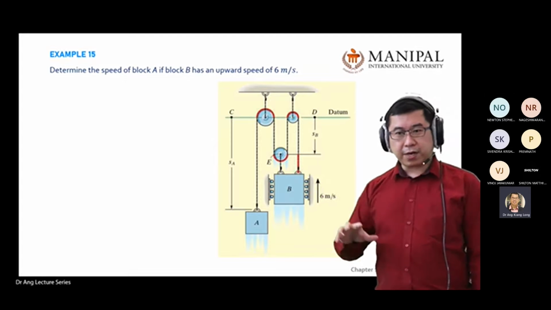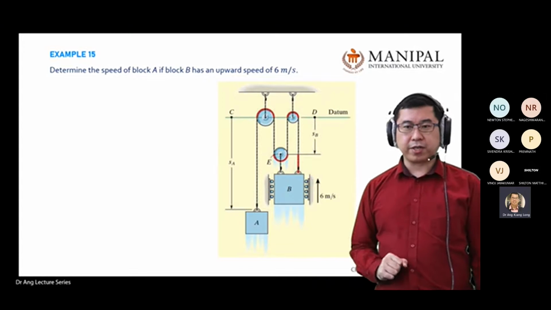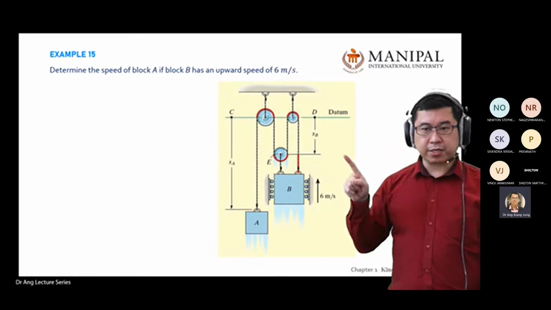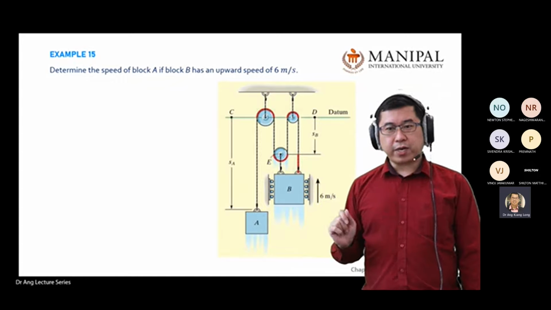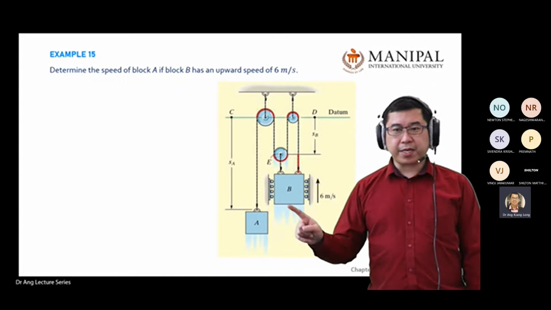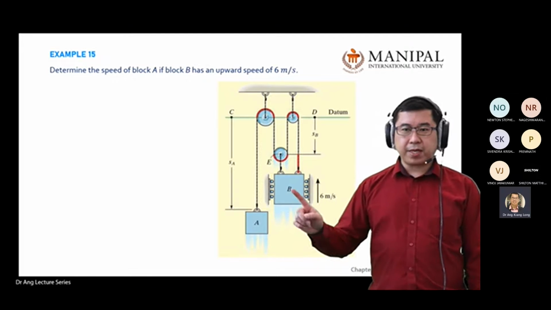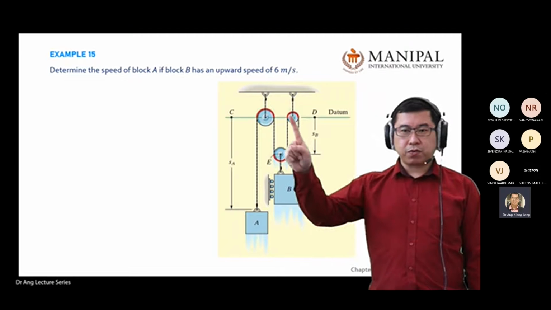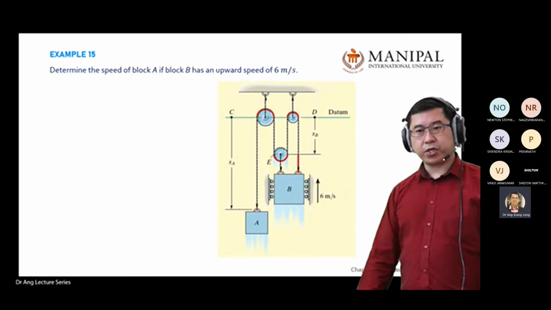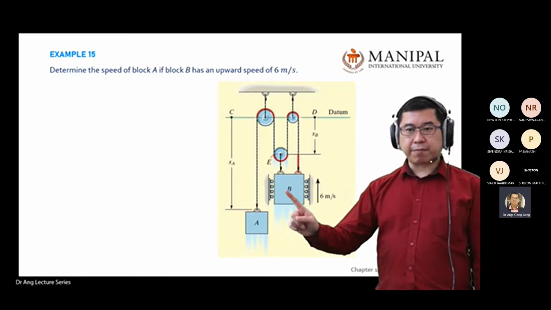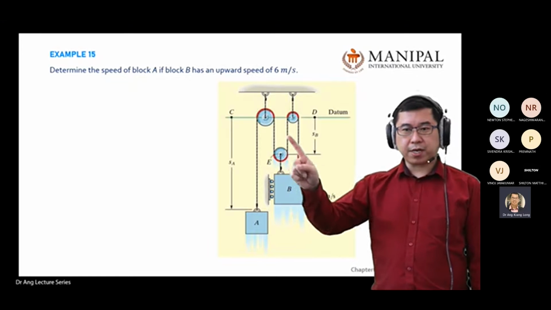So after you identify the coordinate system, your datum, and the direction of positive, next, try to identify what links A and B in this case. A and B are linked with this chord line. So derive the equation that links A and B with this chord length.